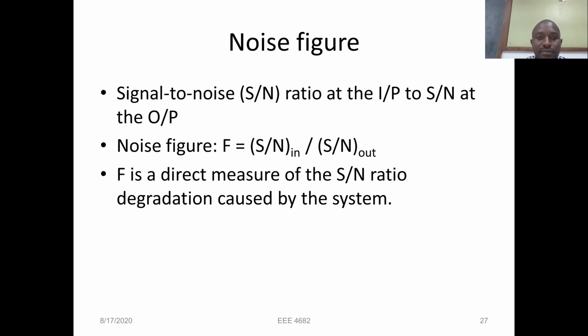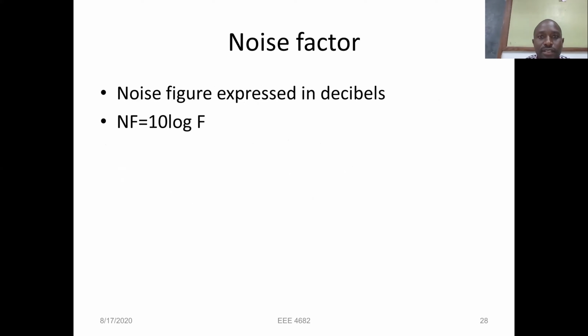It is denoted by capital F, which is equal to the signal to noise ratio at the input divided by the signal to noise ratio at the output. Noise factor is nothing but noise figure expressed in decibels. So whatever the value of F, when you express it in decibels by taking 10 log F, you get your noise factor NF.